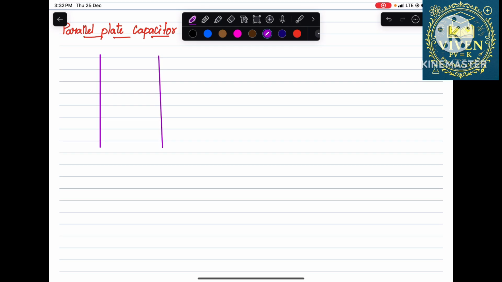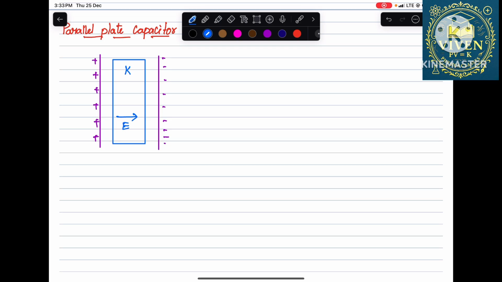So now say these are your two parallel plates, one charged positive and the other negatively charged. Now what do I place in the middle? I have placed a dielectric, and say its dielectric constant is K, and now the net electric field is going to be towards the right side.